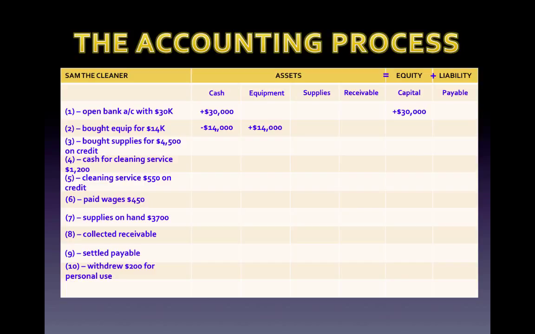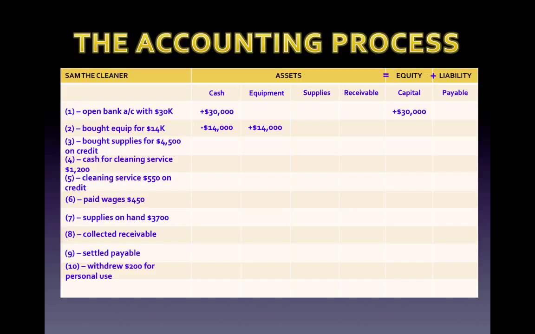So the cash would have reduced by $14,000. There's no other effect on capital. If you add them together, you have $16,000 cash and $14,000 equipment. The owner's claim remains the same. So again, the duality principle has been complied with. That second transaction has two effects on the accounting equation.